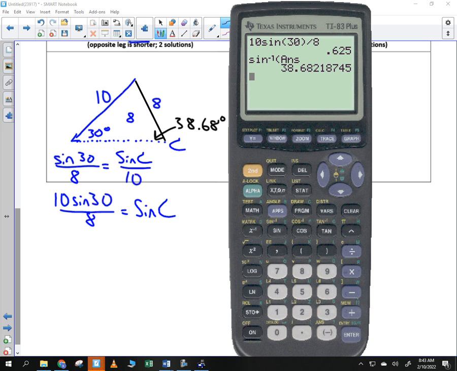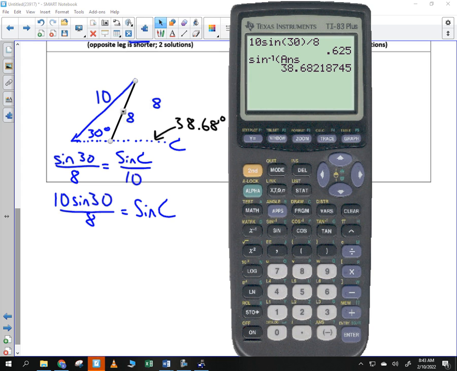Now, I want to show you the other part. Watch if I took this side and instead of having a side 8 there, what if I had a side 8 over here? Is that angle right there bigger than 90 degrees or smaller than 90 degrees?